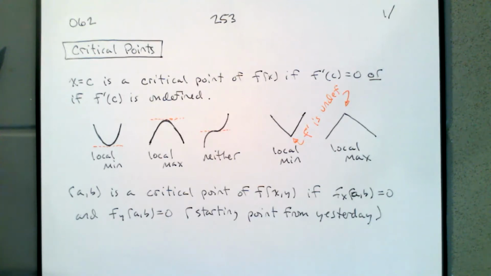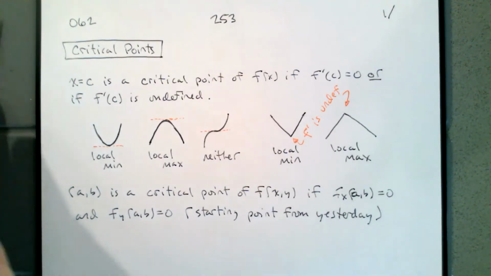So we want to summarize things a little bit. Here I want the two derivatives to be equal to 0. So we could summarize this by saying that (a, b) is a critical point of f of x, y if the gradient of f is equal to the 0 vector.